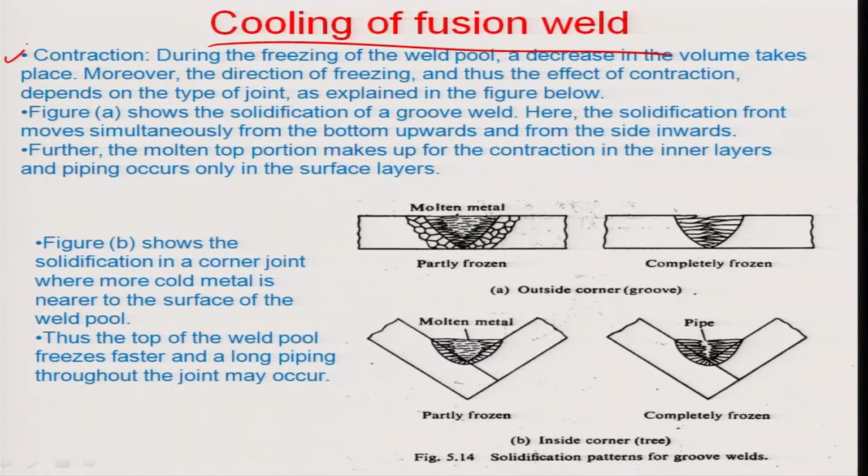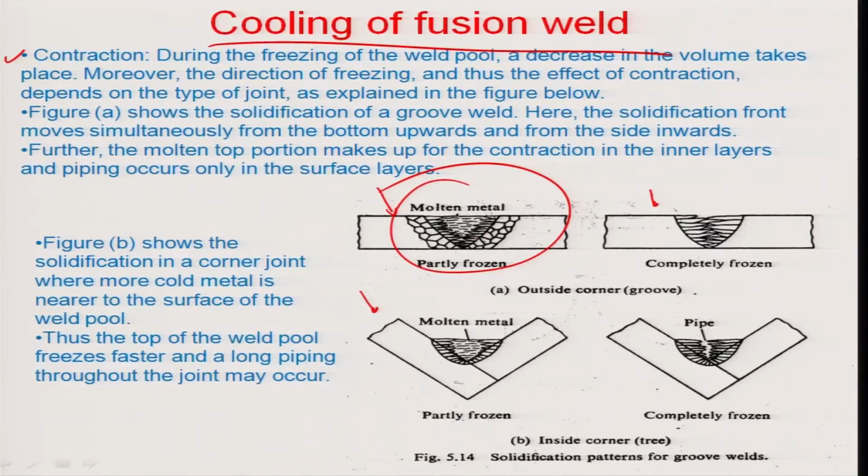One is contraction. During freezing of the weld pool, there is a decrease in volume which takes place. Moreover, the direction of freezing, and thus the effect of the contraction, depends on the type of the joint. You can see these figures right here, and how the contraction is taking place. For example, in A, it shows solidification of a groove weld which is partially frozen and solidifying.